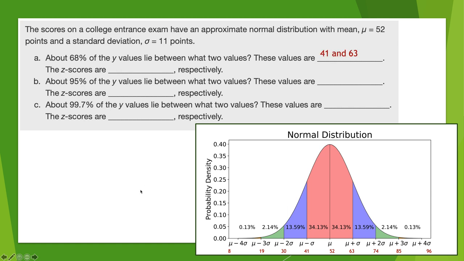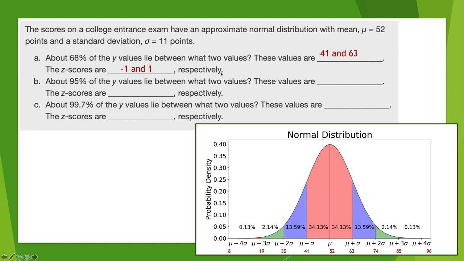So if the mean is 52, one standard deviation below would be 52 minus 11, which is 41. And one standard deviation above would be 52 plus 11, which makes 63. Now the z-scores are, because you're one below and one above, minus 1 and plus 1.